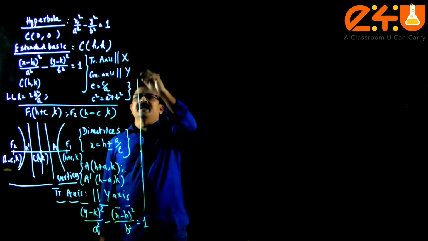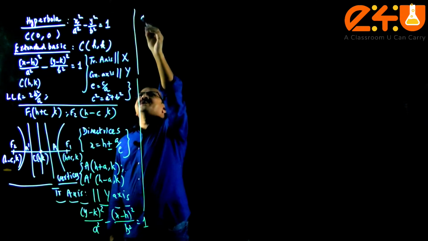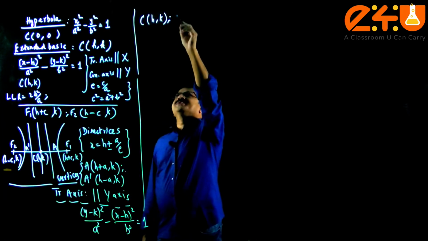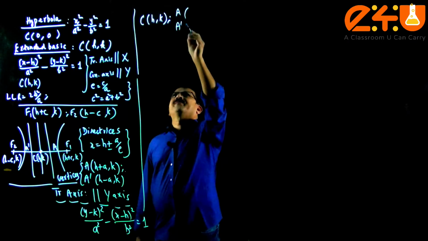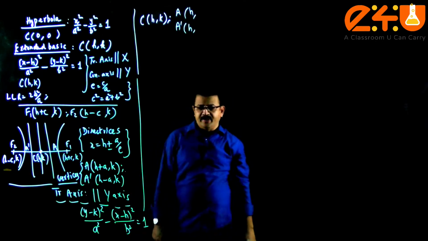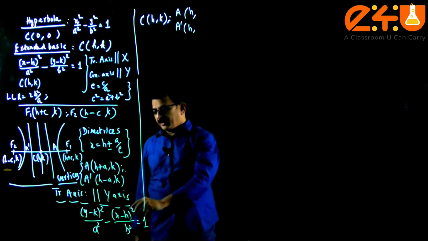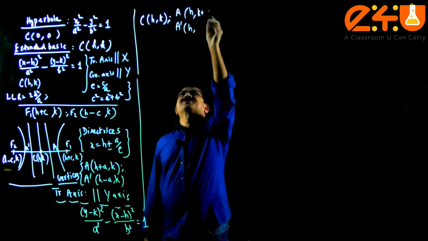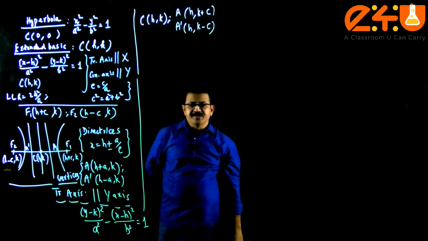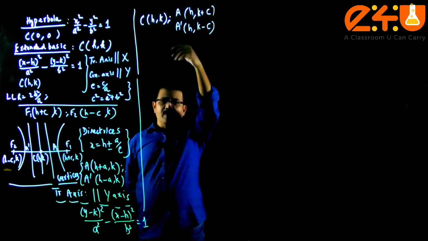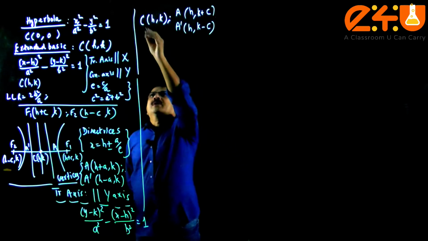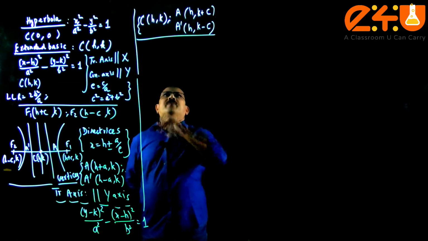In such a case, the center is h, k, and there is no change in the x coordinate, but the y coordinate gets modified as k plus c and k minus c, by moving c units above the center and c units below the center.